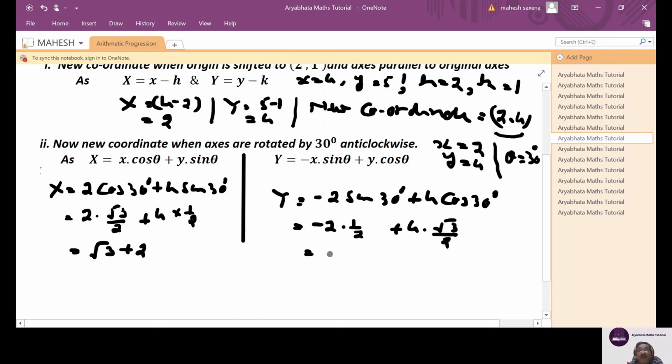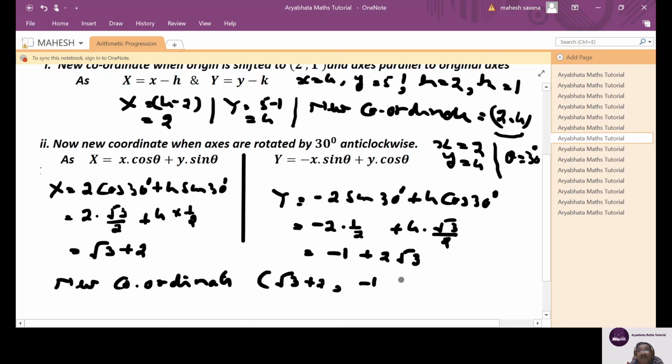Therefore, it will be minus 1 plus 2 root 3. Therefore, the new coordinates will be (root 3 plus 2, minus 1 plus 2 root 3).